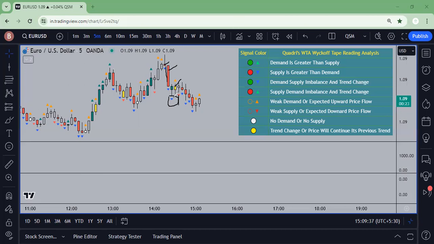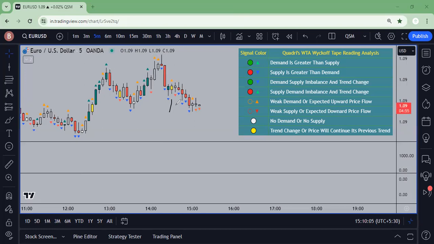There are three contradictory things happening over here. There is a demand supply imbalance taking place, and in this imbalance we are able to see a trend change kind of candle, and then it is continued by weak supply. What does that mean?